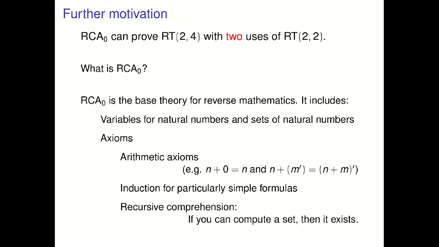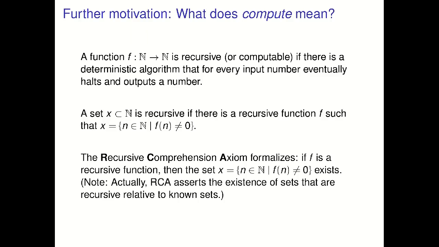So if you add 0 to something, you get the same thing back. Basic arithmetic axioms like that. Induction restricted to sigma 0,1 formulas, so formulas with a single existential quantifier. And then this recursive comprehension axiom that says essentially if you can compute a set, then it exists.